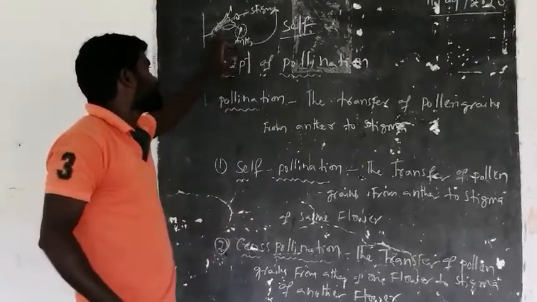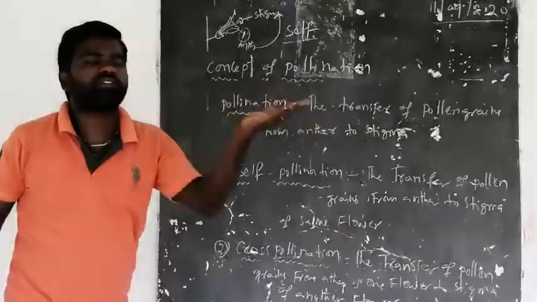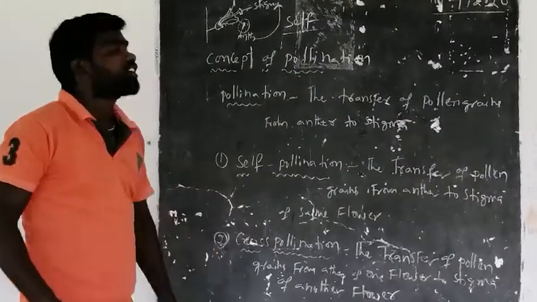Self-pollination occurs within the flower, cross pollination between different flowers.